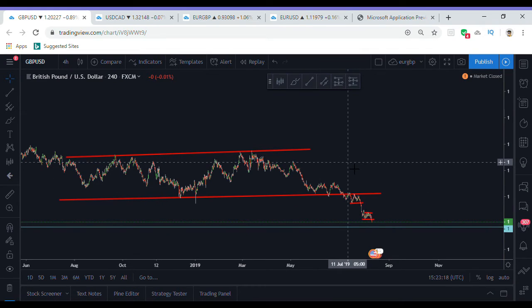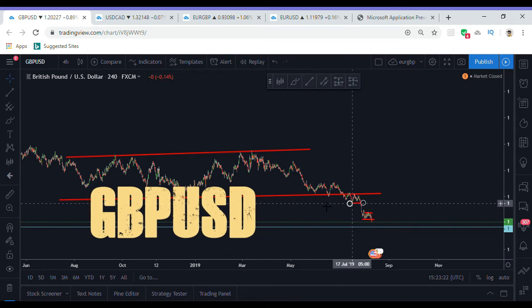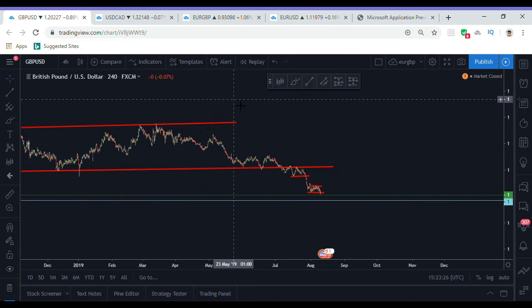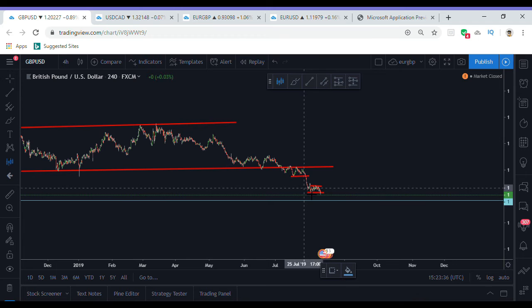What we're going to talk about in the next video, I'm going to show you right now. Flags don't seem to amaze me a lot, so I wanted to show you this. Here we had price moving to the downside, we have consolidation, we continue to the downside. Almost the same as what we have here.